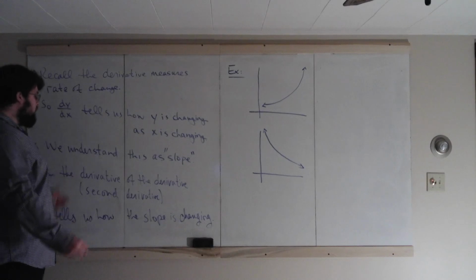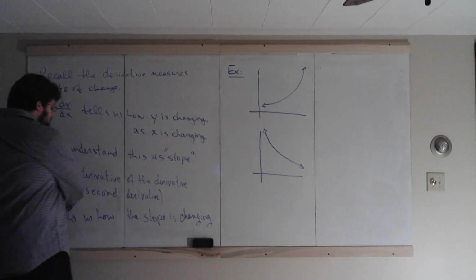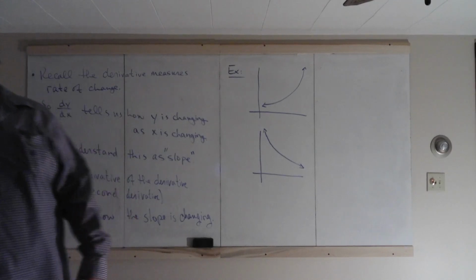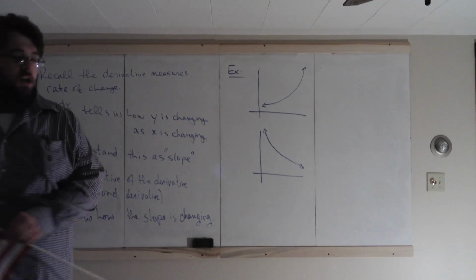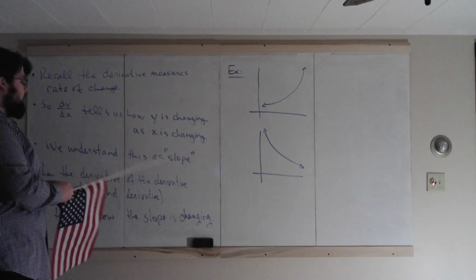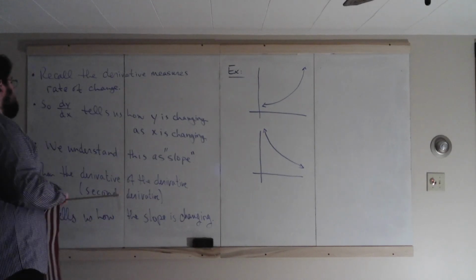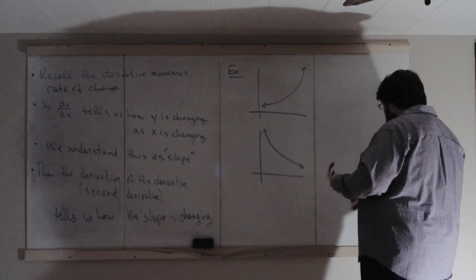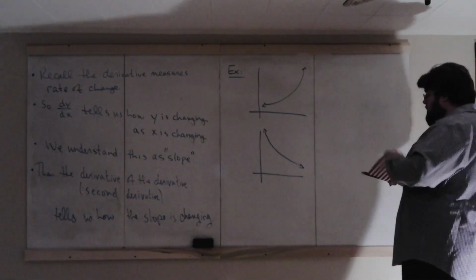Using slope language, the second derivative will tell us how the slope is changing as x is changing. So let's look at a couple examples with tangent lines.